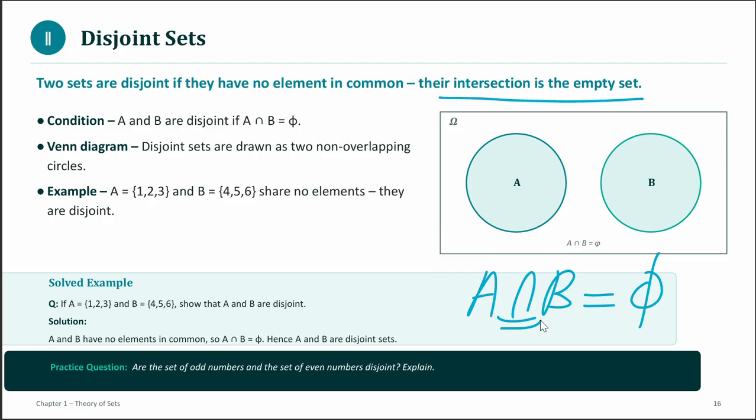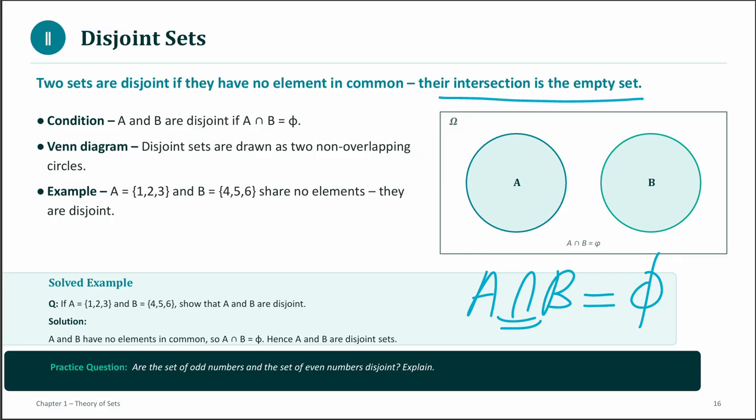Intersection means how they are overlapping, but here we can see that they are not overlapping anywhere. These are completely disjoint. They have no common region, and therefore I can say that A intersection B is phi, right? Phi means that they are not overlapping, so they do not have any elements in common.